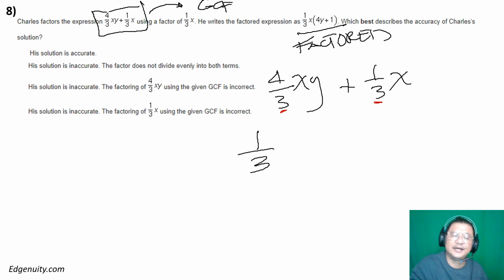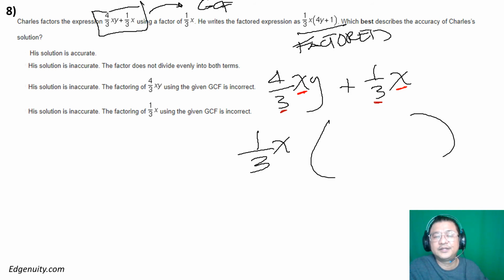1/3 was taken out. What else should be taken out? Because they're common, the x and the x. So let's put out the x. Okay, that's the GCF. And what are the remaining factors? The remaining factors left inside will be, what will be remaining? It's going to be the 4 and the y.